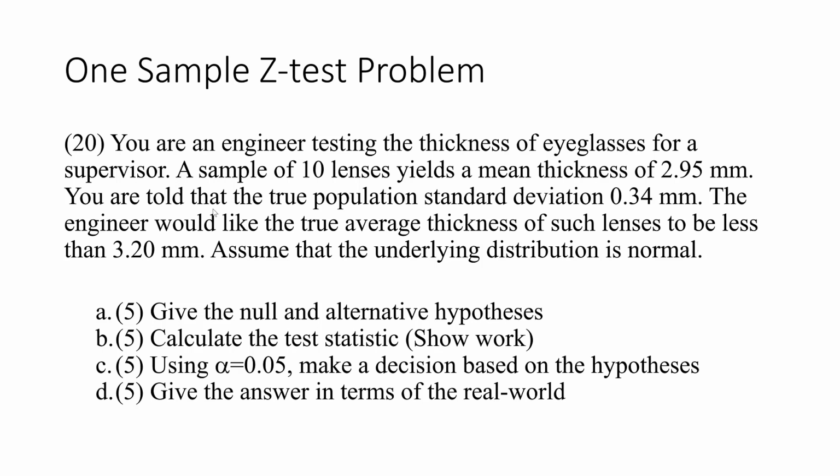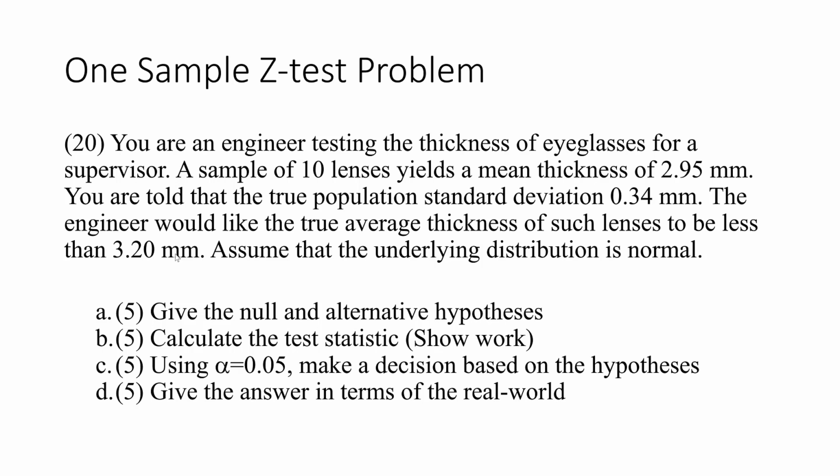Finally, we need to understand what direction the alternative should take, and we can get that right from the problem. The statement says the engineer would like the true average thickness of the lenses to be less than 3.2. So that tells us the alternative hypothesis here will be that the mean is less than 3.2.